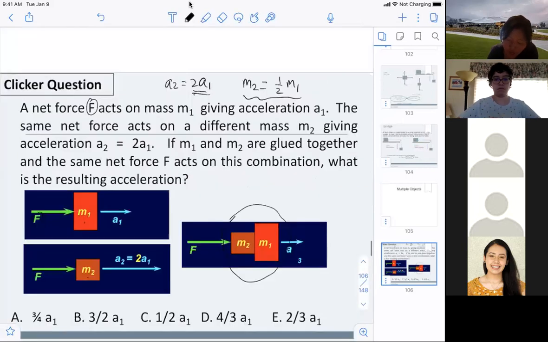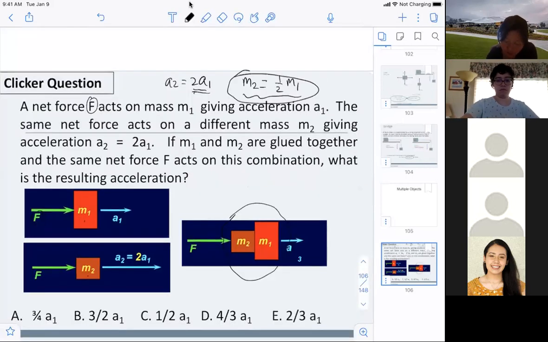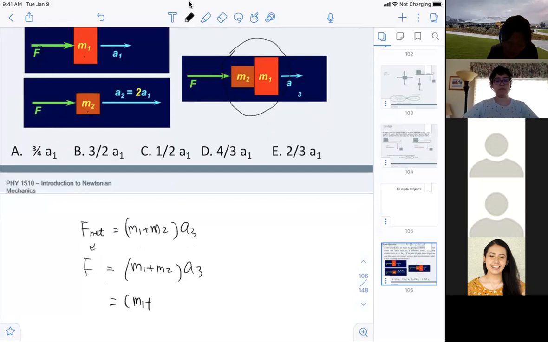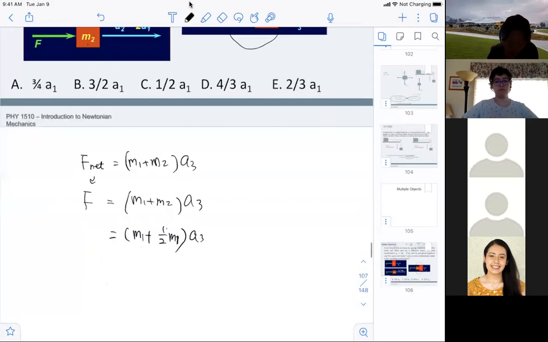We had just figured out the mass relationship between them, right? So mass 2 is 1/2 of mass 1. Okay, so 1/2 M1 replaces M2. And that becomes 3/2 of M1 times A3 is equal to F.